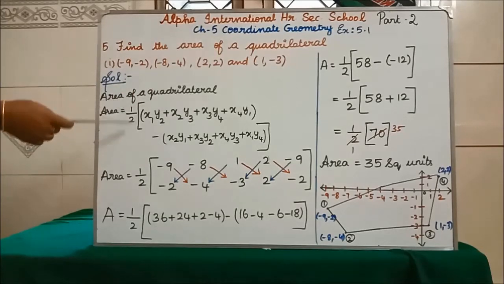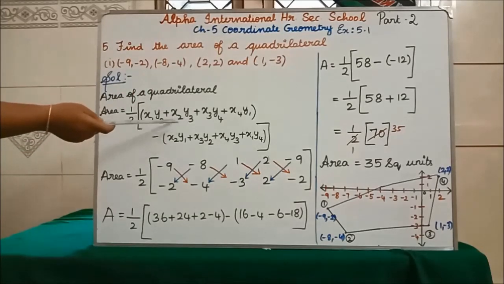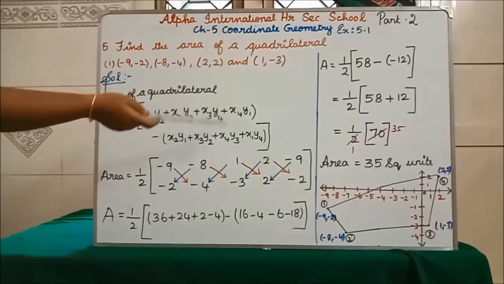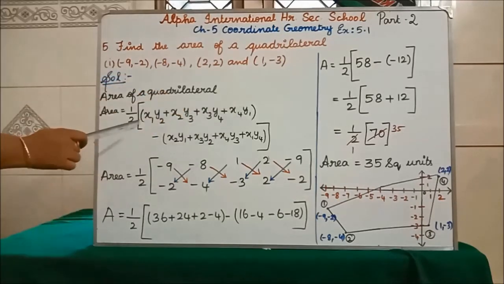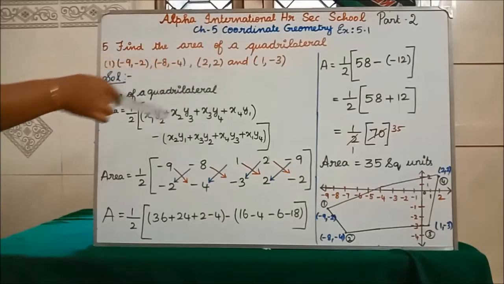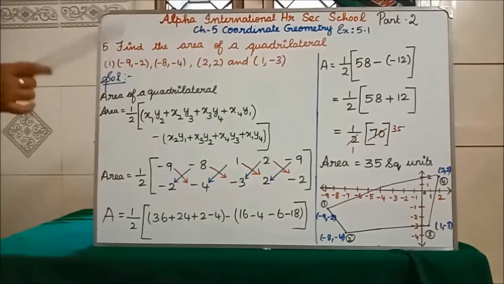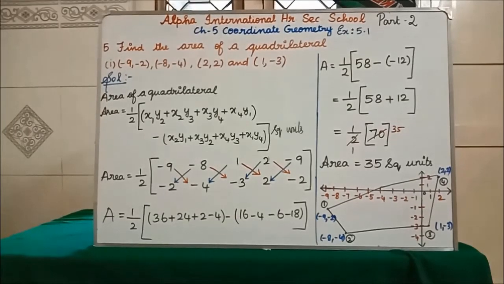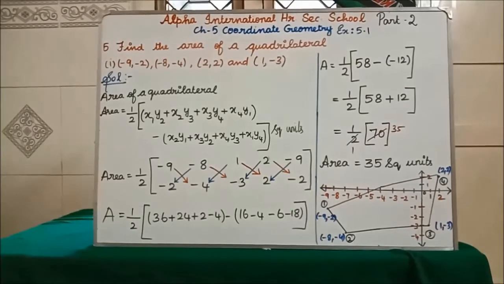I have written 1 by 2 times x1 y2 plus x2 y3 plus x3 y4 plus x4 y1 minus, I don't have space, so I have written it below, but you are going to write continuously. Clear? You don't need to write below, you are going to write continuously. Now x2 y1 plus x3 y2 plus x4 y3 plus x1 y4 square units.